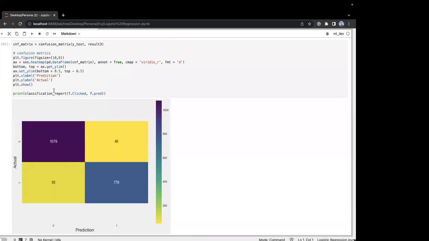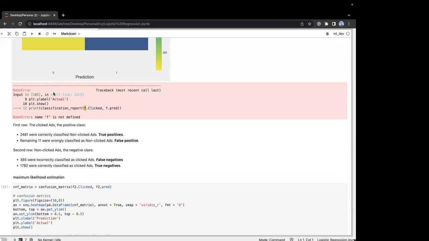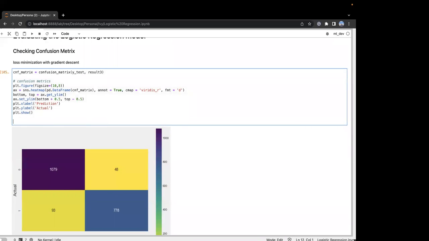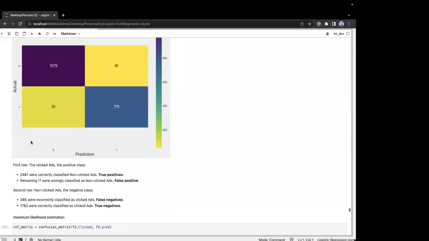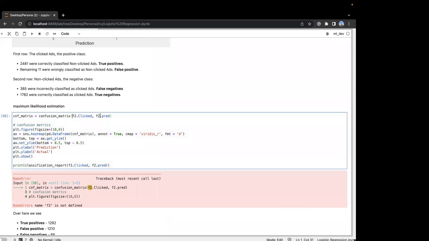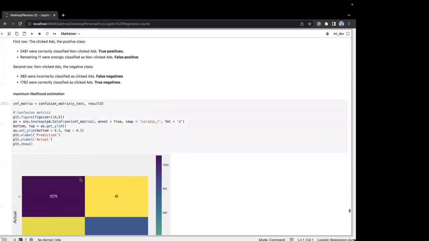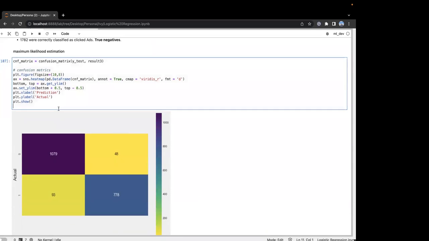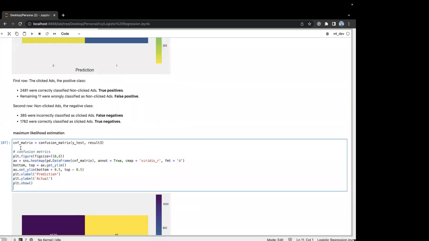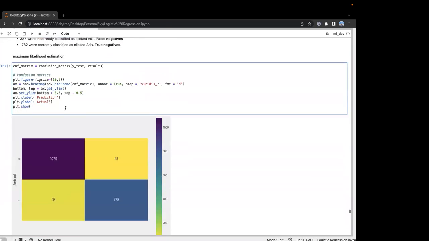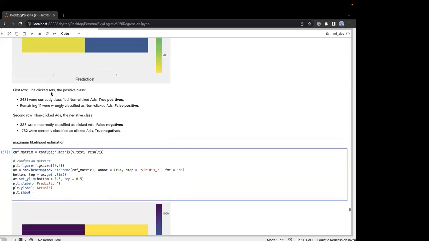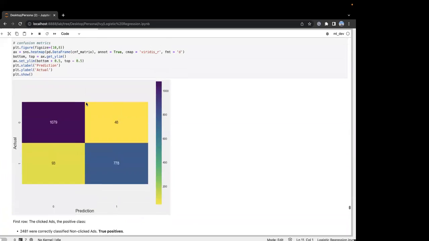Where is that error coming from? Okay. The numbers might not match because of train test split and other details, right?